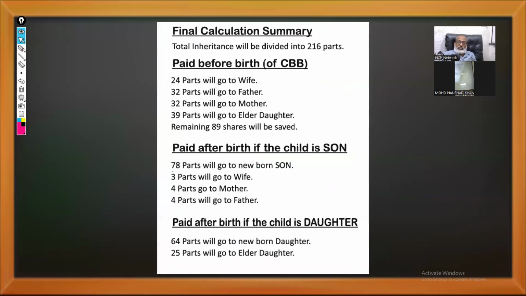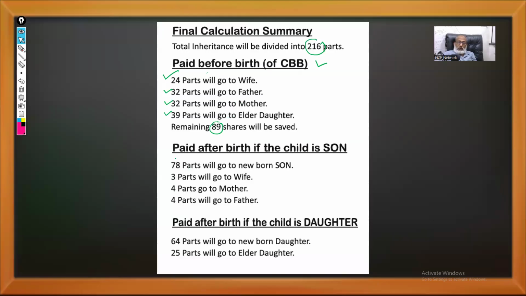So the summary of this solution is that the total inheritance will be divided into 216 parts, and before the birth of the child, the wife will get 24 share, the father and the mother will get 32 share each, and 39 share will go to daughter 1, the elder daughter, and 89 share will remain for the new baby and the present inheritors.